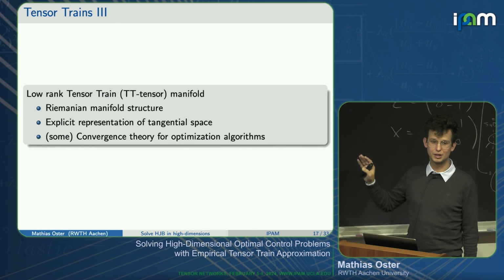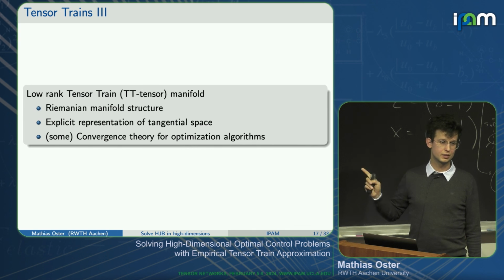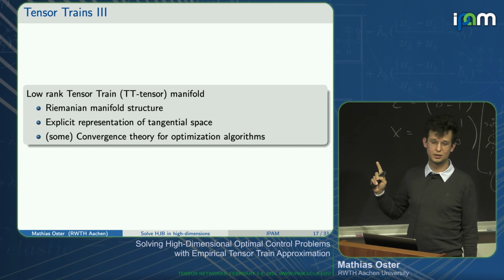So this is an advantage of tensor trains in contrast to neural networks. This said, we did not exploit the Riemannian structure yet, but this is still on our to-do list. We used some ALS-like methods to optimize our least squares problem, but Riemannian gradient descent is definitely something we want to consider at some point too.